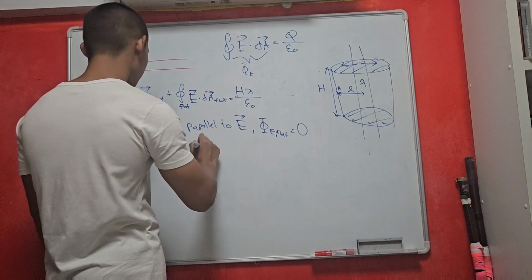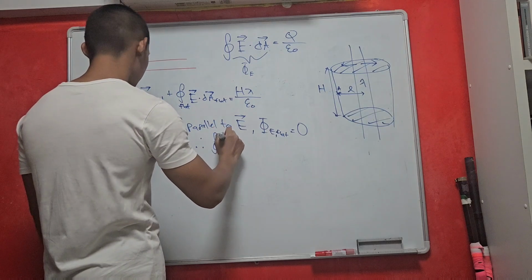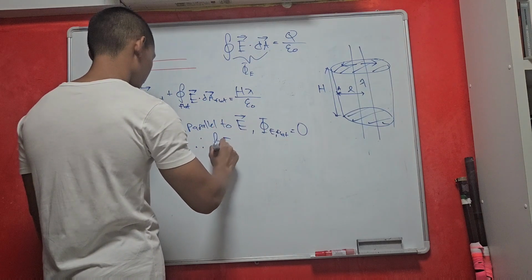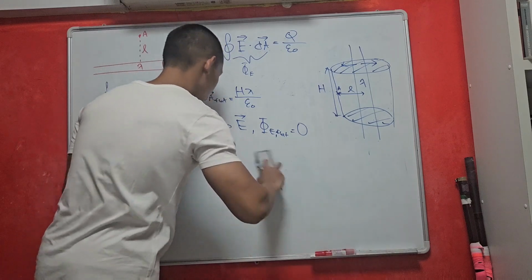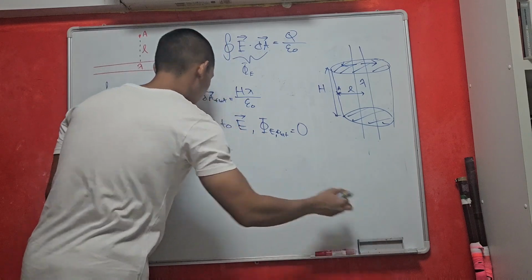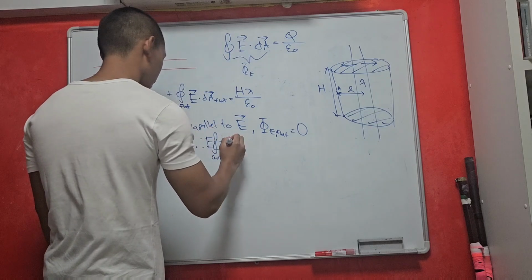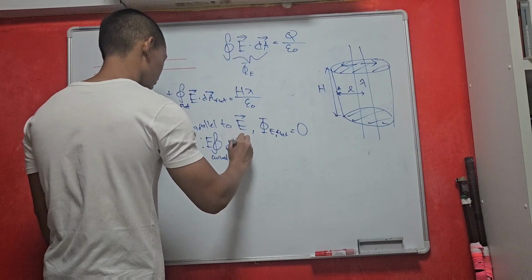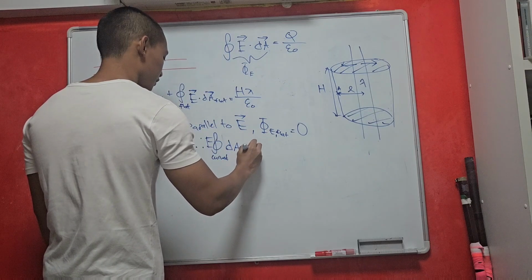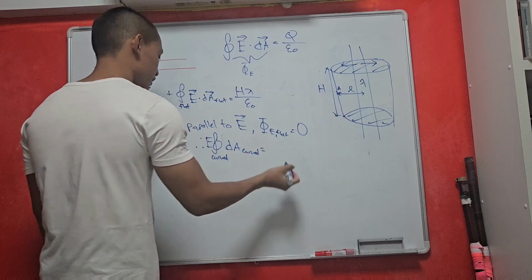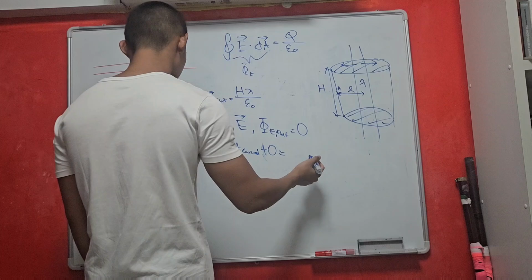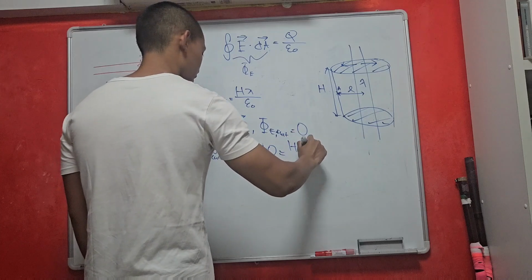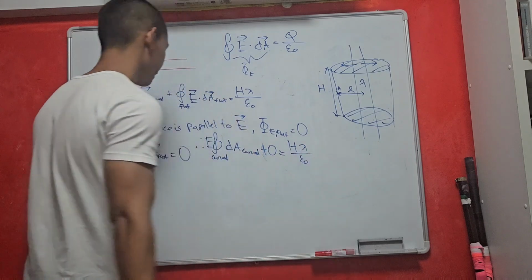Therefore, I can move the E to the front, and the integral of dA over the curved surface, plus 0, equals H lambda over epsilon naught.